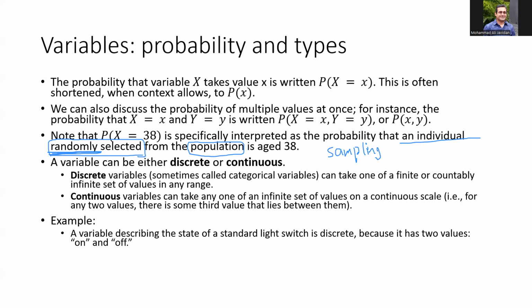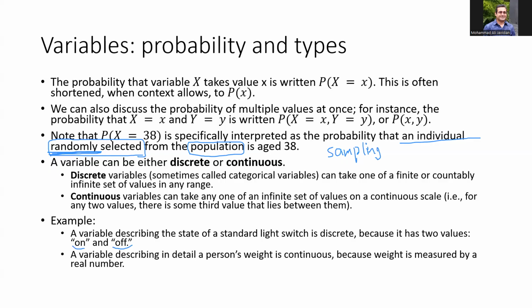As an example, a variable that explains the state of a standard light, which is on or off, is a discrete variable. And a variable that describes the weight of a person in a study is a continuous variable.